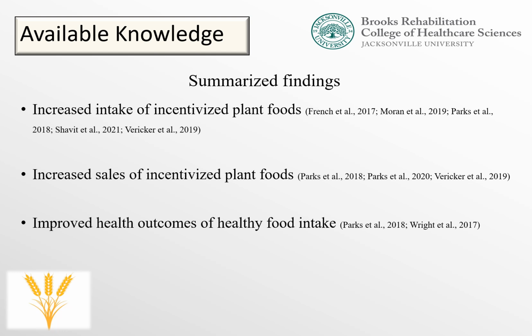The next set of summarized findings indicated that there were increased intake of incentivized plant foods. There were increased sales of incentivized plant foods. And there were improved health outcomes of healthy food consumption.